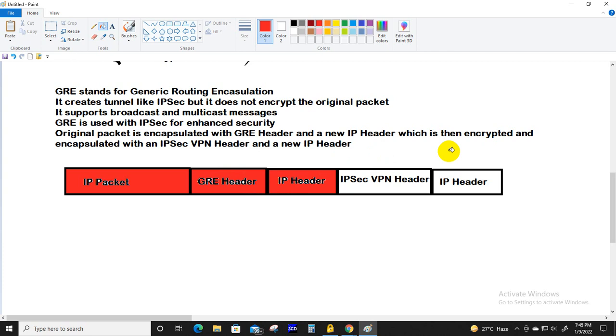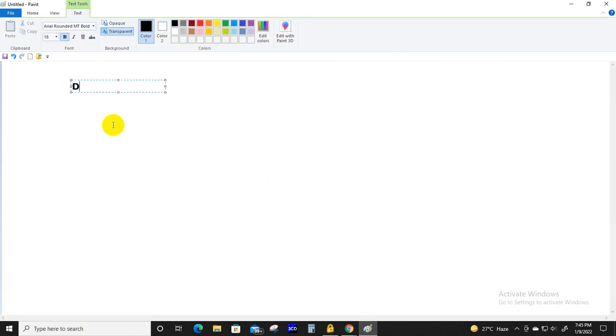Now what is DMVPN? Dynamic Multipoint VPN.